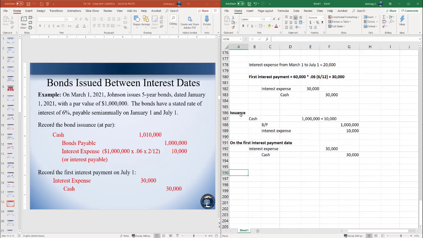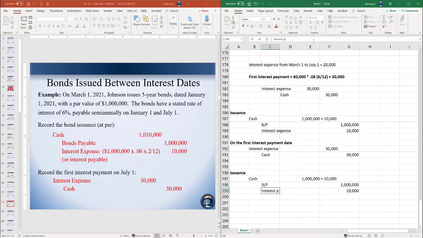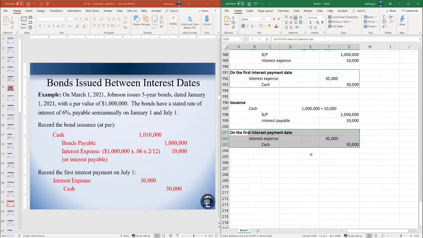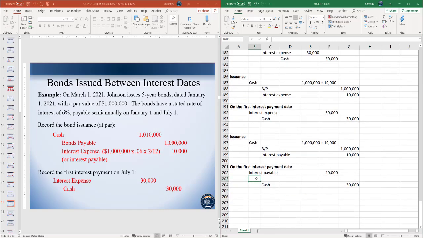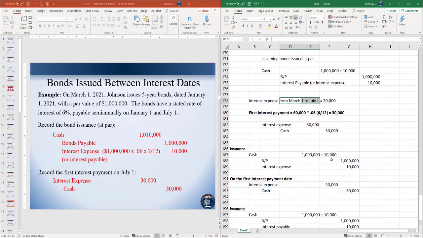If, however, at issuance, you instead made a credit to interest payable, then on the first interest payment date, you would end up debiting interest payable for $10,000 to remove that from your books, because now we're making the interest payment of $30,000. The other debit here to get our debits to equal our credits will be for interest expense, and this will reflect our interest expense from March 1st out to July 1st.